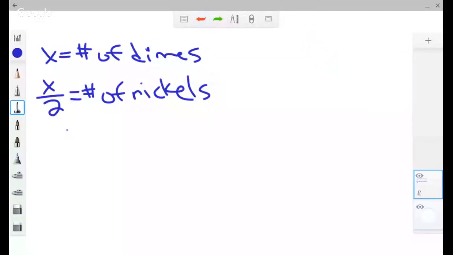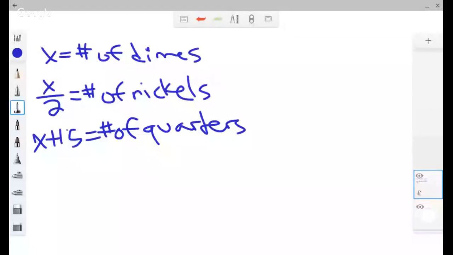And then lastly, there are 15 more quarters than dimes. So if I take the number of dimes and I add 15 to it, that's the number of quarters. Okay, so that's kind of my setup here, and that's going to really be key for finishing the rest of this problem.